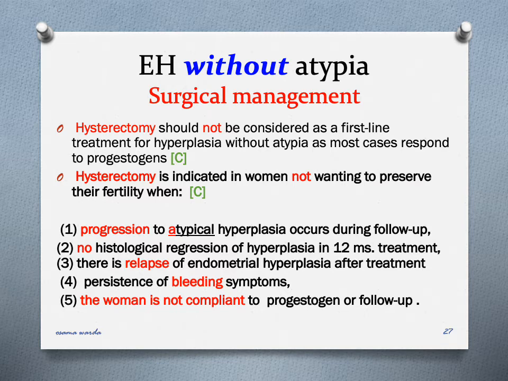Hysterectomy is indicated in 5 types of patient. If there is progression to atypia, where the hyperplasia without atypia converted into atypical hyperplasia during follow-up, or there is no response to progestogen, no regression in 12 months duration of treatment, or the patient was treated with negative endometrial biopsies but relapsed later on, or there is no symptomatic improvement, or the woman is not compliant for the follow-up or treatment.